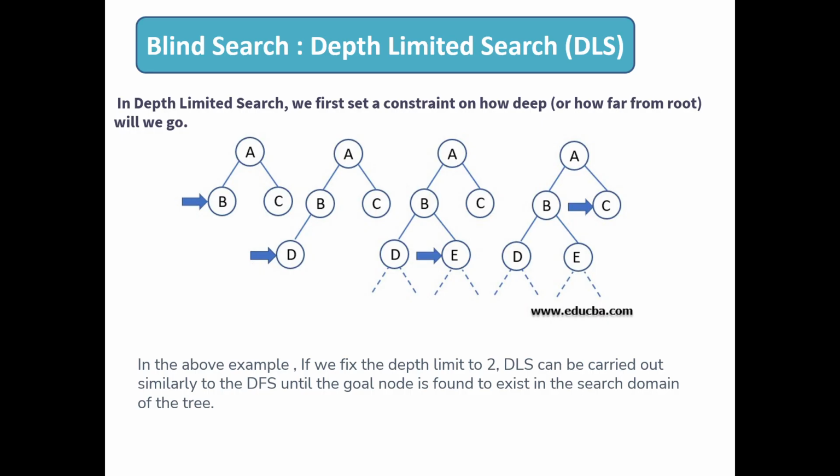We can set that I can search only up to level 2 or level 3. It will search only within that limit. For example, if you set the limit to 2, then it will go only up to A, B, D. If you have any levels below D, E, these cannot be searched in this depth limited search algorithm.